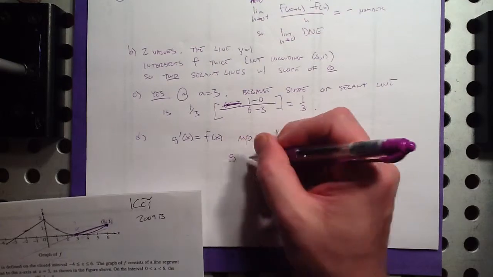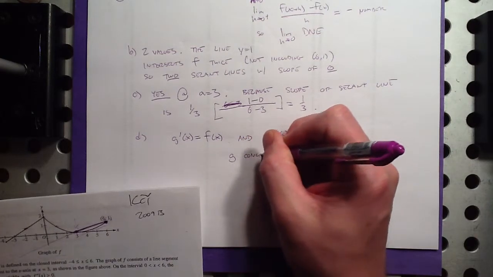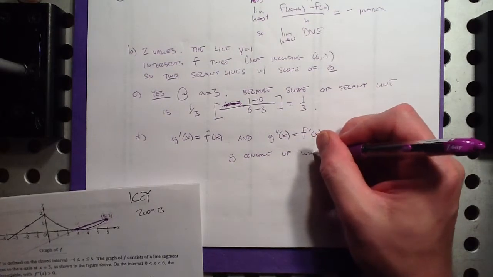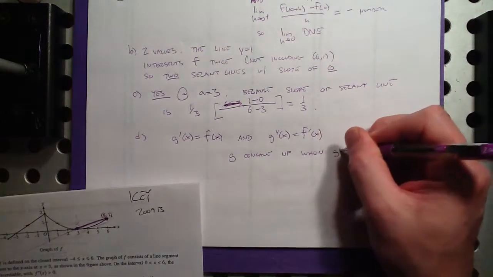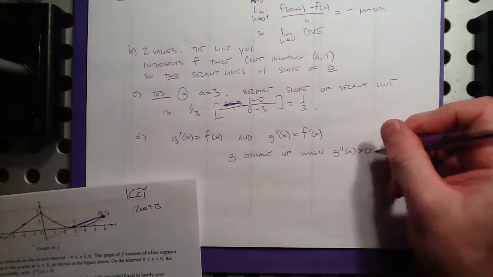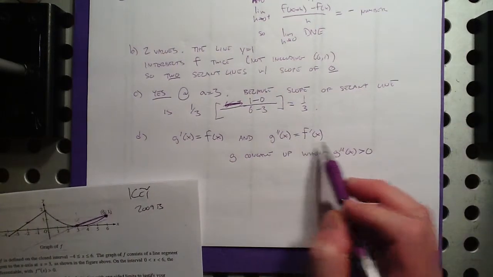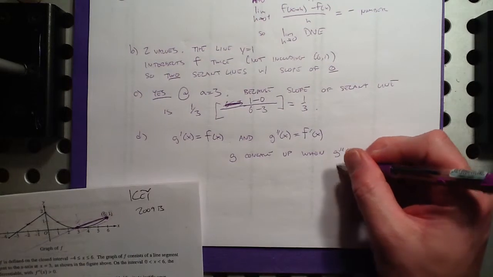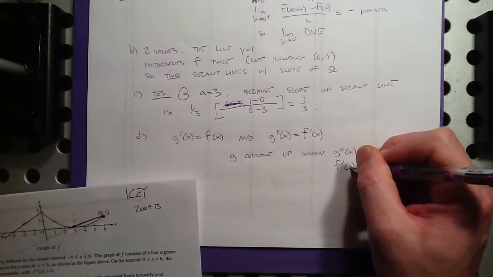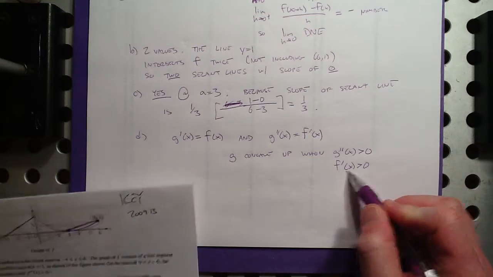So g is concave up when the second derivative of g, its concavity, is positive. So this is positive when the derivative of f is positive, and that means when f is increasing.